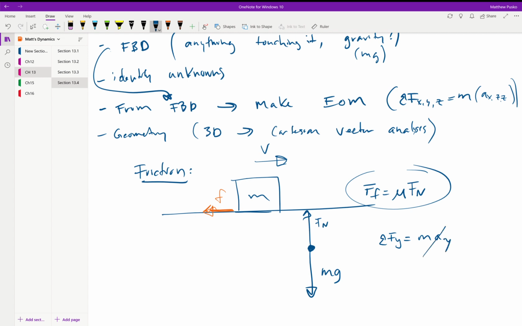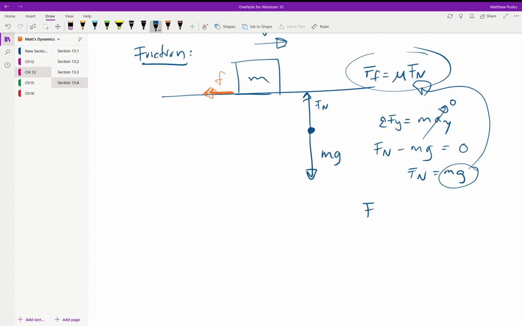It's not leaving the surface in this case, so the acceleration is 0, and when we sum the forces, I get a positive normal force and a negative mg, meaning that they are equal. But okay, now we would take this and multiply it by mu, or the coefficient of friction.